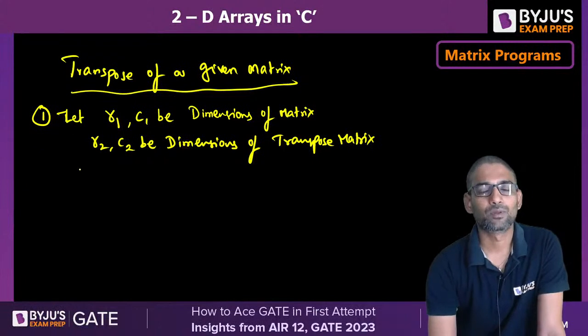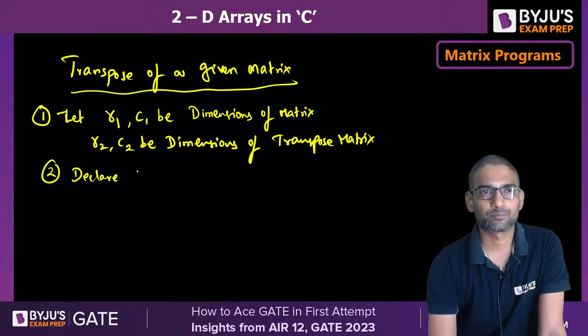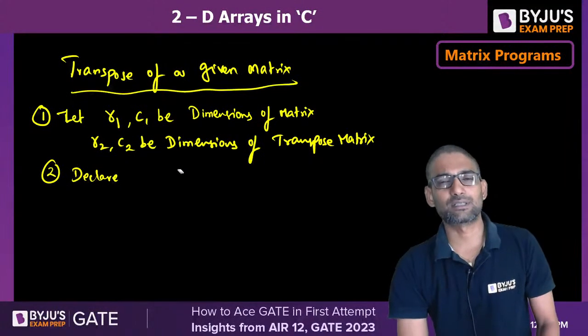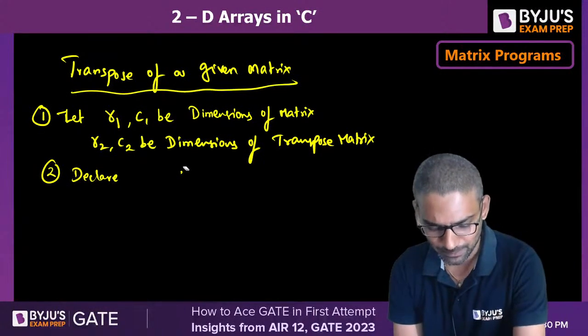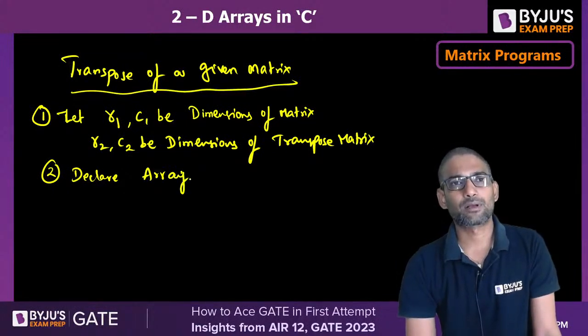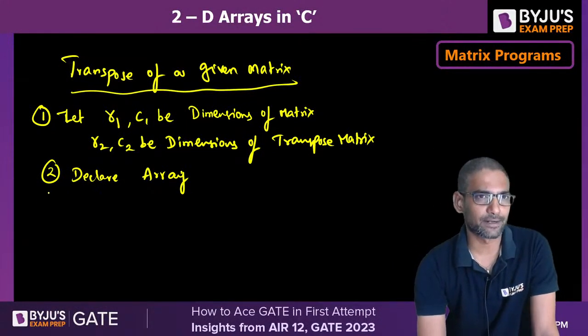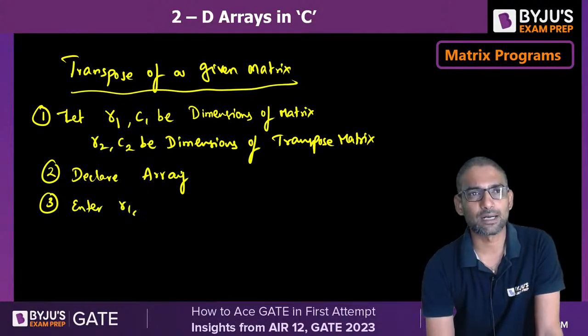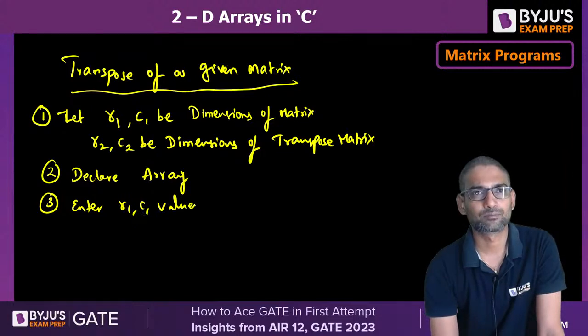Now declare 2 arrays. Or you need not create 2 arrays also, dear friends. If you just want to print the transpose, there is no need to create 2 arrays. So declare an array, enter the number of rows and number of columns, then take the values.